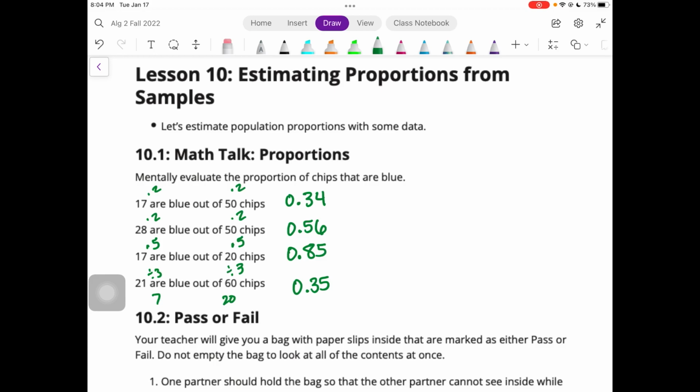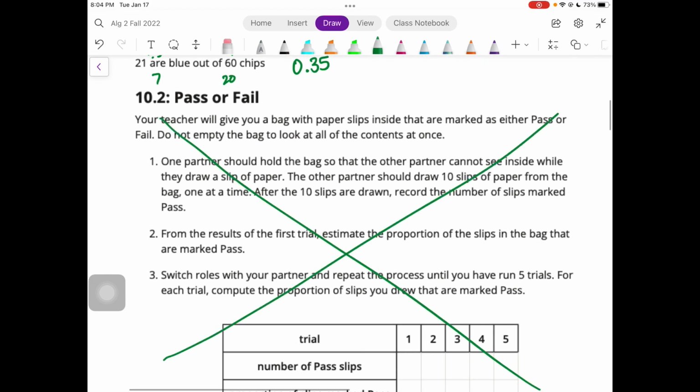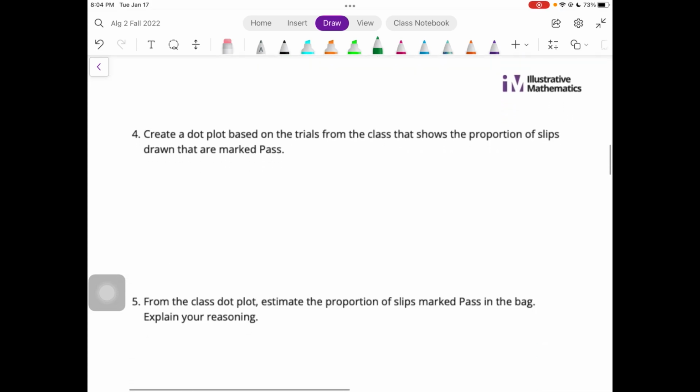Or if you divide by 2, you get 3.5 out of 10, which is the same thing as 0.35. So again, there are multiple ways that you could figure that out and do that mentally. All right, 10.2 we are not going to do. So we will just move along to 10.3.